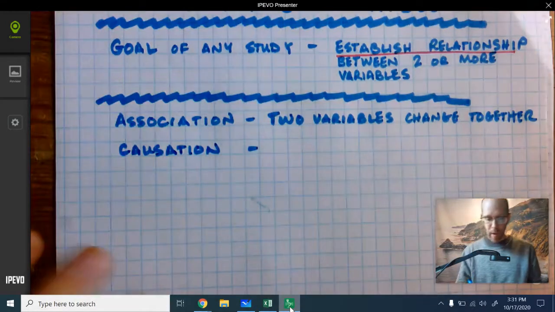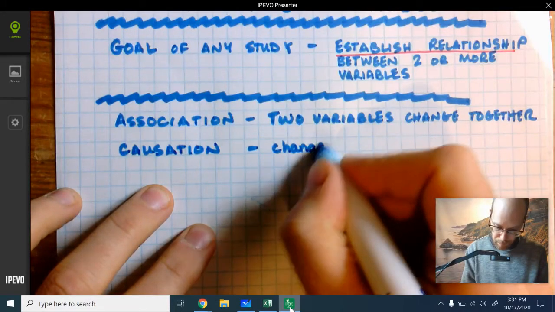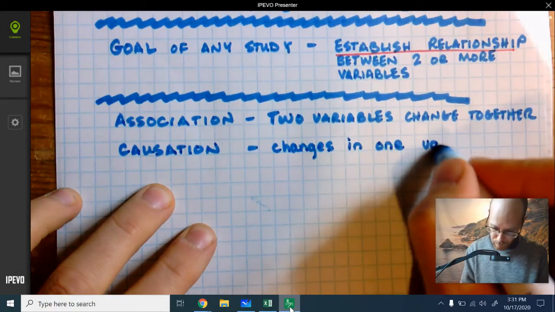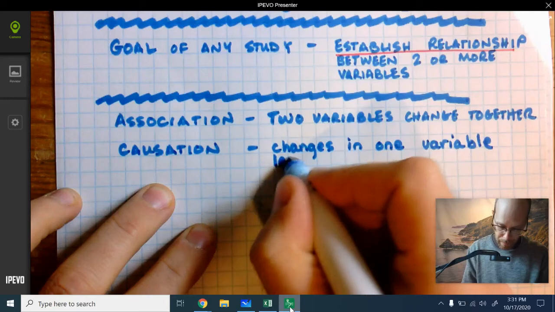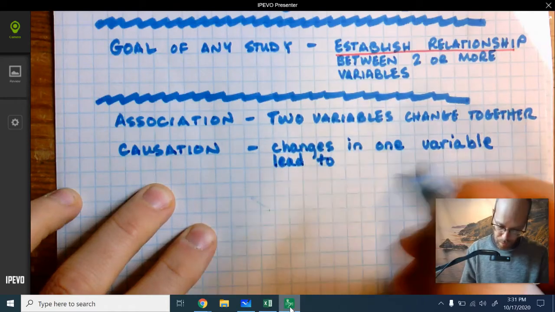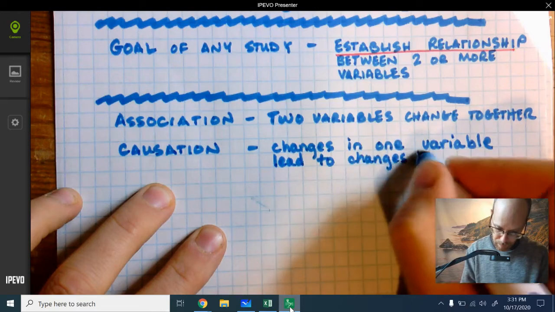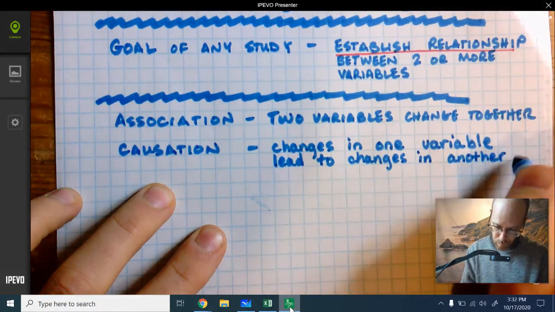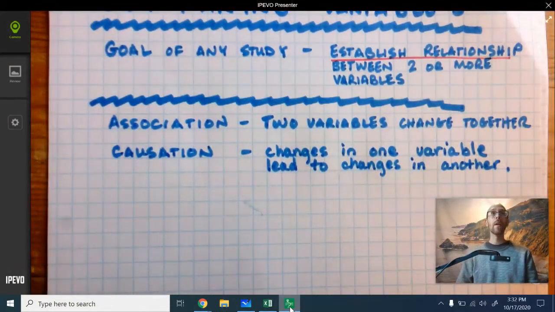Causation is when changes in one variable lead to changes in the other. A quick example of how these are different from each other.